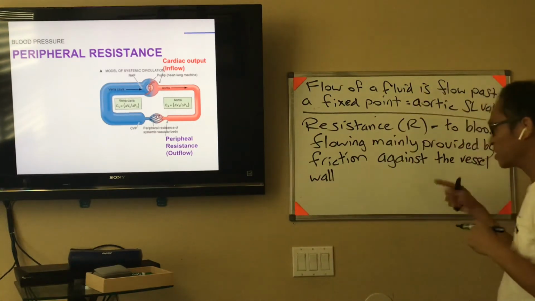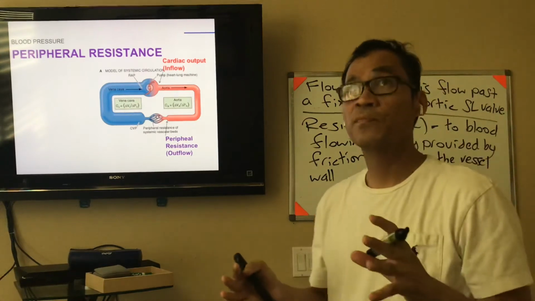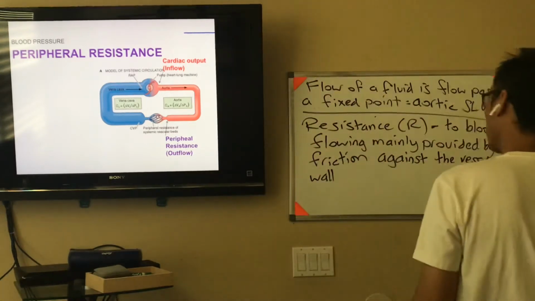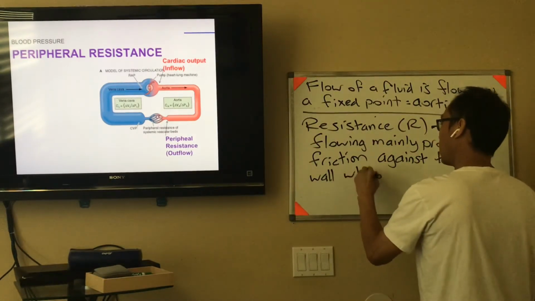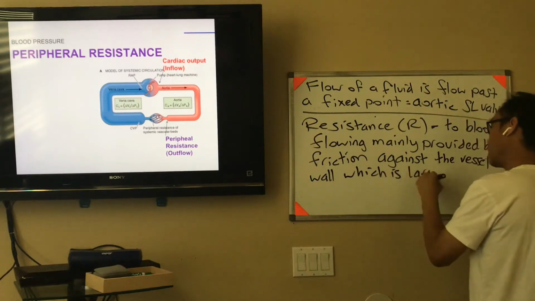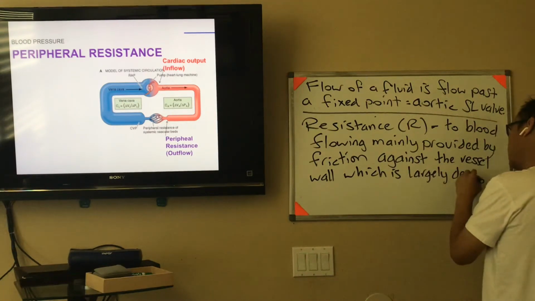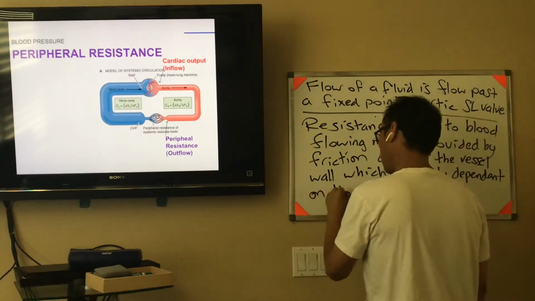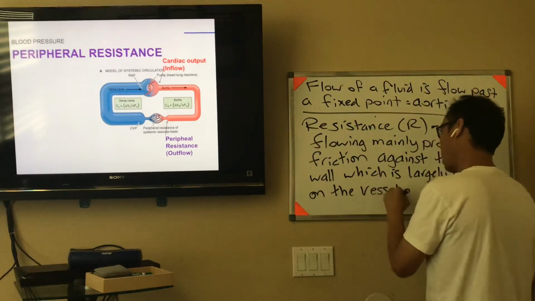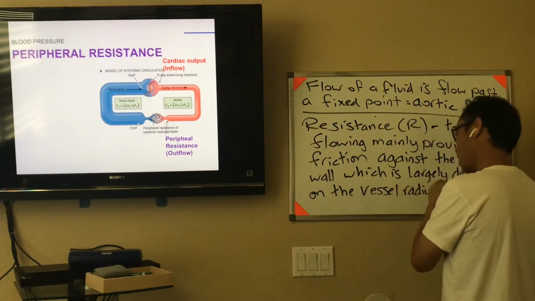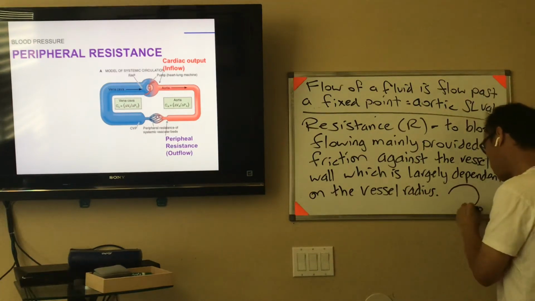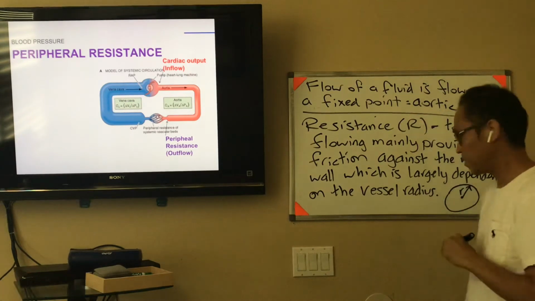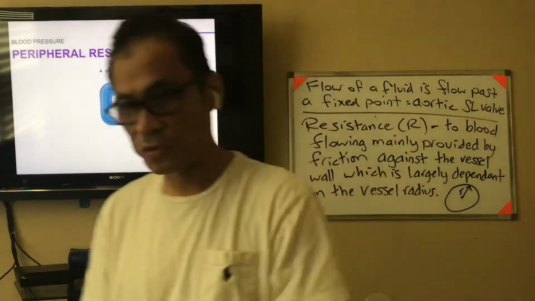And the thing that determines friction against the vessel wall is the radius, the diameter of the vessel. So vessel radius, imagine a circle, geometry class, point in the center, distance from the center to the edge, radius, good old-fashioned radius.